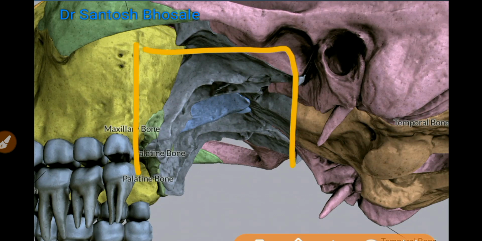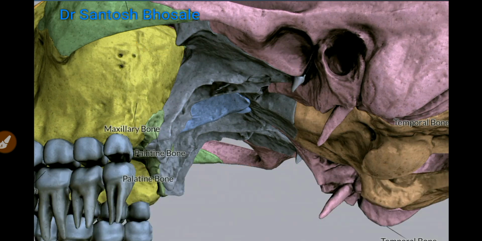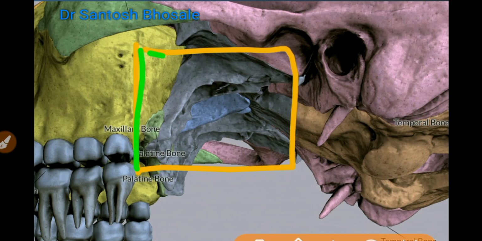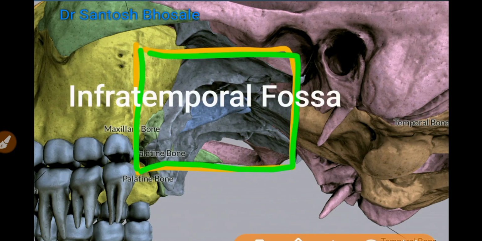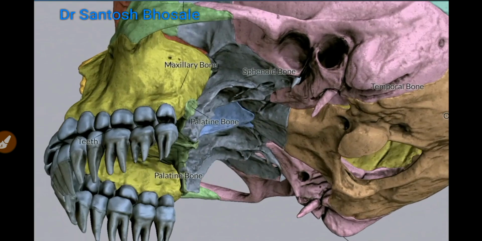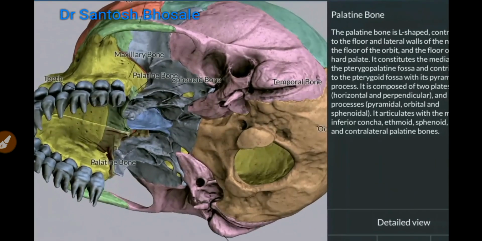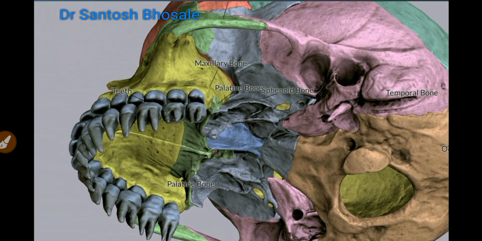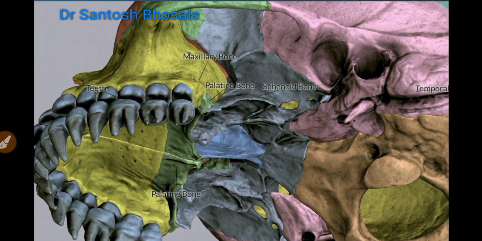And now coming to the last part, that is the last fossa, infratemporal fossa. You can imagine it like a box having 6 surfaces. It is an irregular bony fossa here. If you just turn the skull in the basal view, you will see the roof is formed by the sphenoid bone, greater wing of sphenoid.